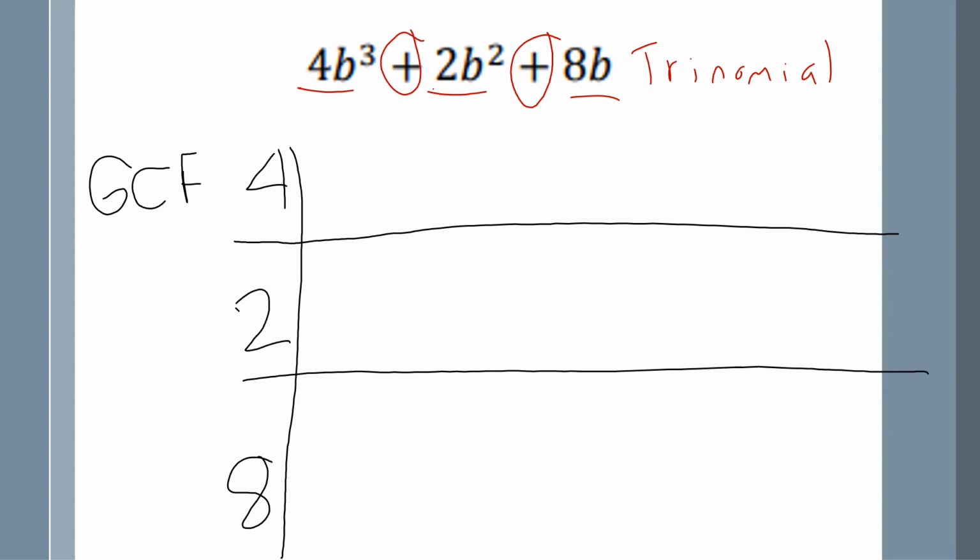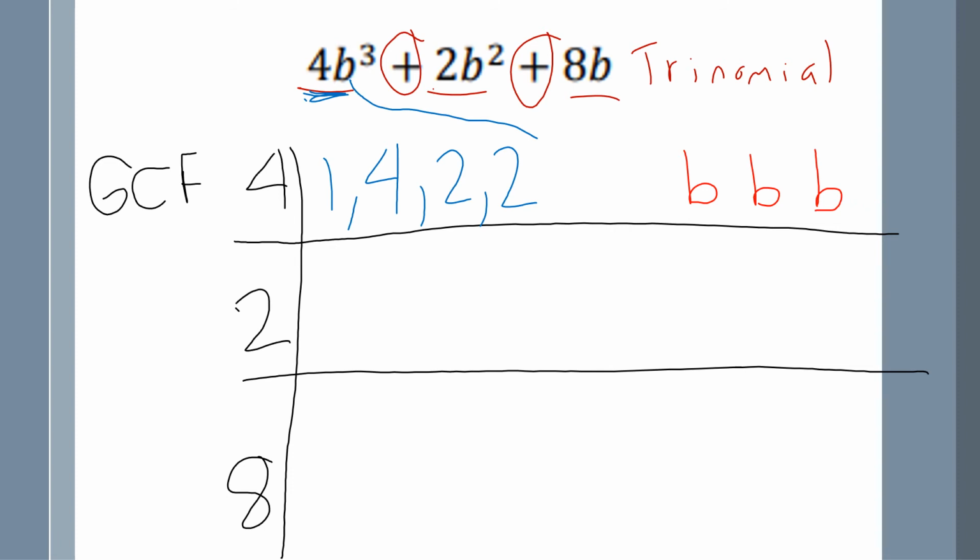All right, so we know the factors of 4, 1 times 4 gives me 4, and 2 times 2 gives me 4. And how many b's I got? I got 3 b's, so 1, 2, 3. All right, so we know 1 times 2 gives me the product of 2.